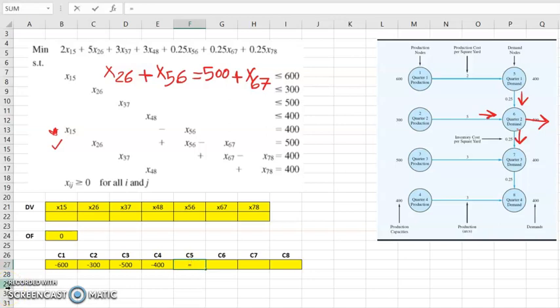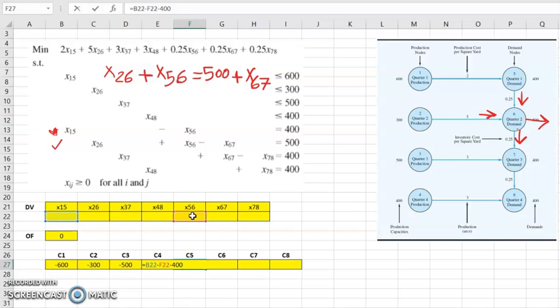Like always, we start with equal sign, and the constraint is x15 minus x56 minus 400, because the demand of quarter one is 400, and they also sent x56 carpets to the next quarter.